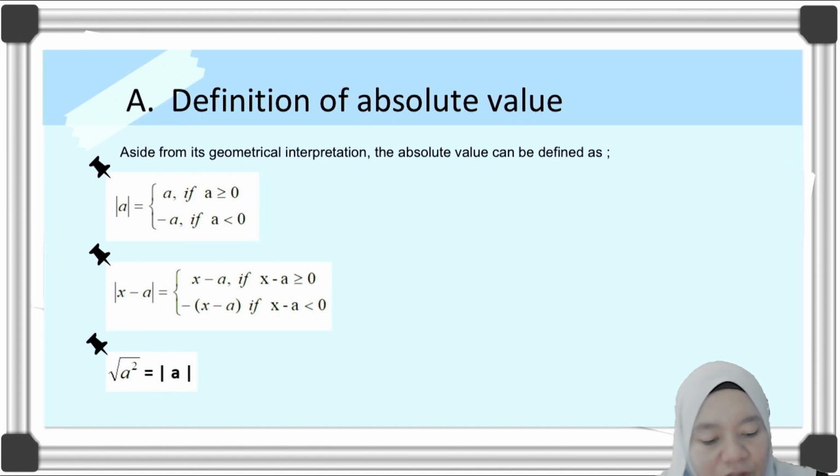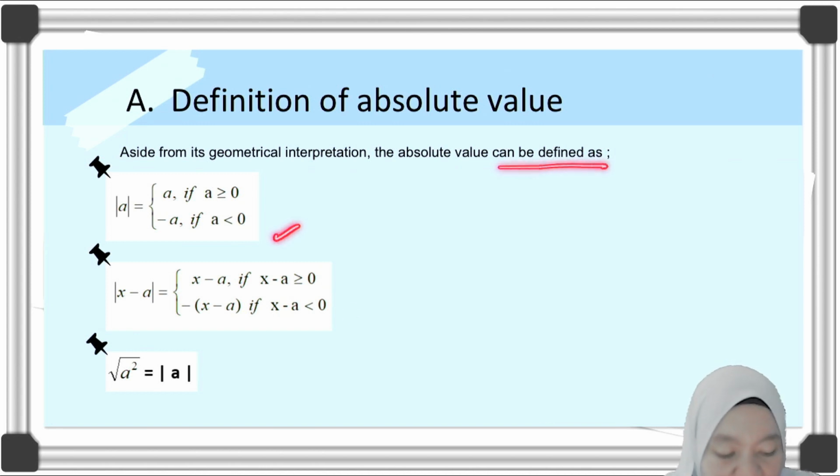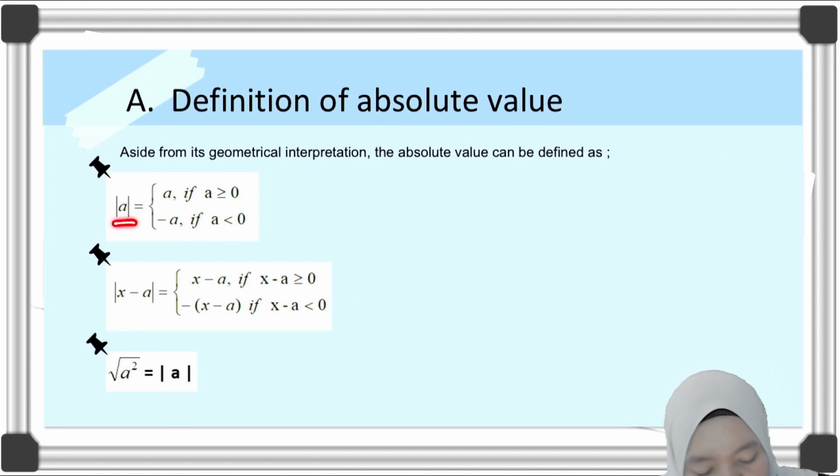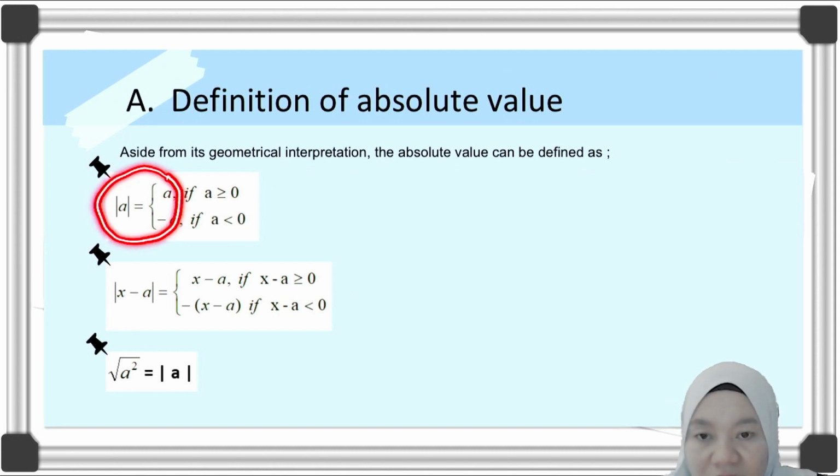Aside from its geometrical interpretation, the absolute value can be defined as, okay, dia ada lagi 3 lagi dia punya definition lah. So, sebelum tu saya nak kenalkan, ini kita namakan sebagai piecewise function, right?